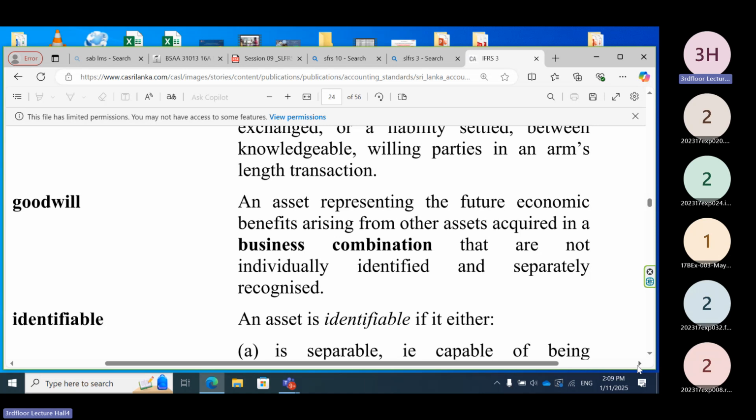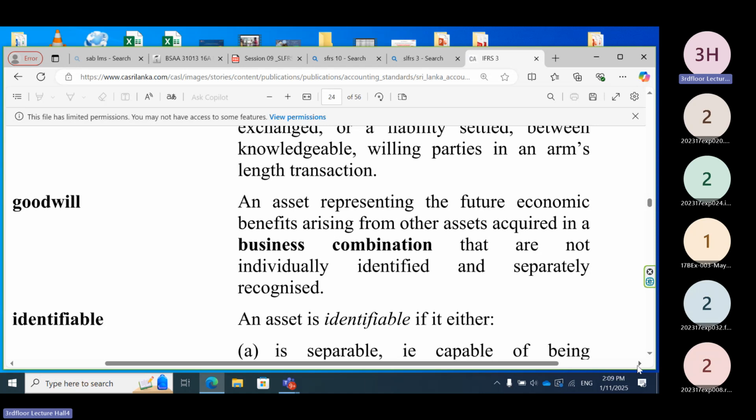They have internally generated goodwill, but they have not recorded it. They are keeping the book values in the financial statements. Sometimes they are not using the revaluation method as well. They are just keeping the book values at cost.